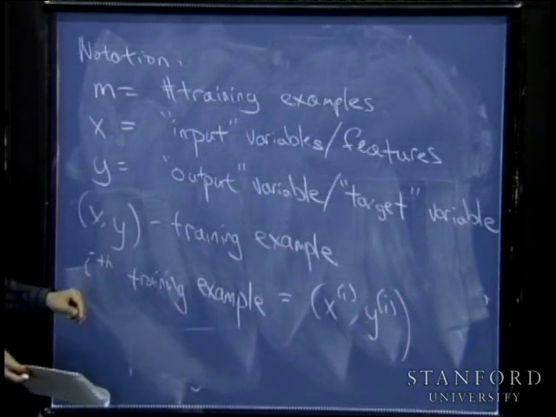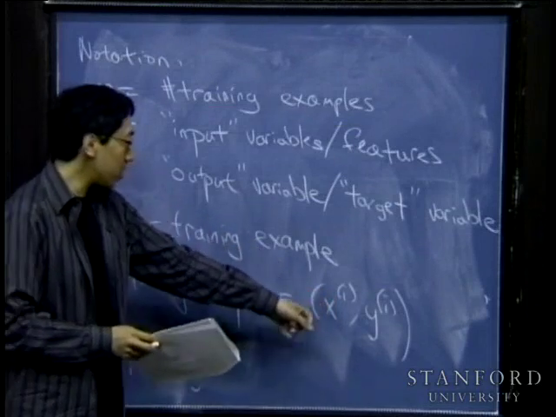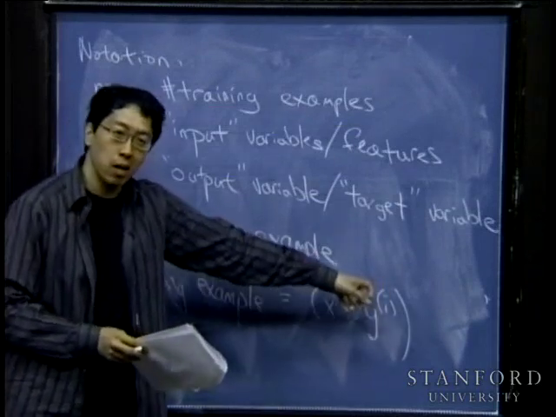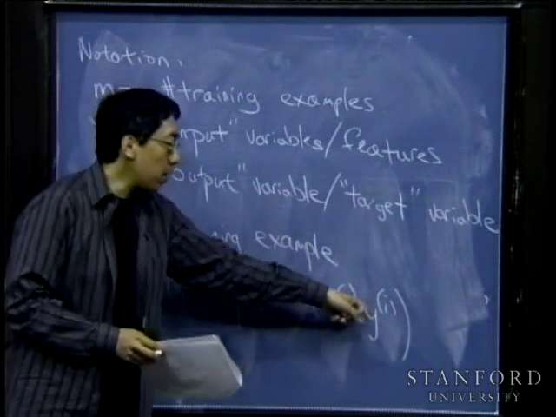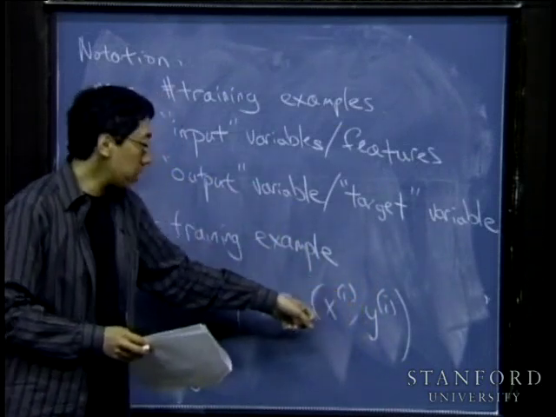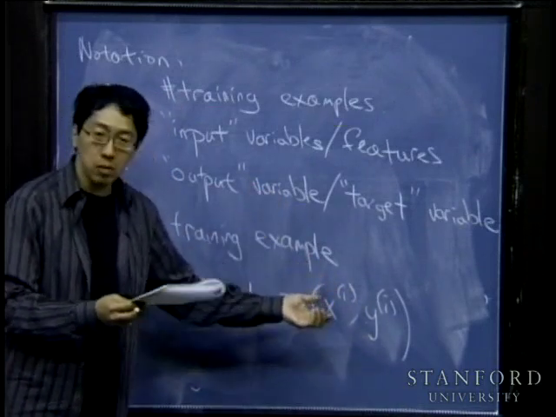In this notation, this superscript i is not exponentiation. So this is not x to the power of i, y to the power of i. The superscript i in parentheses is just an index into the ith row of my list of training examples.